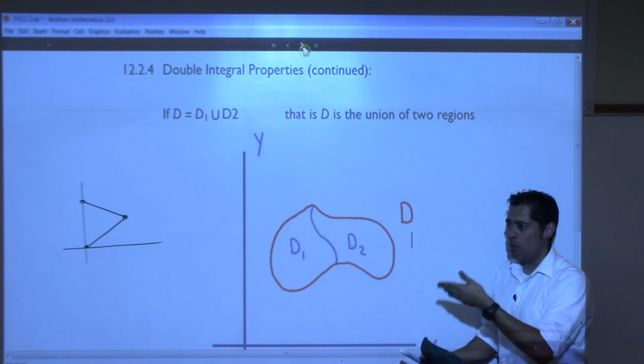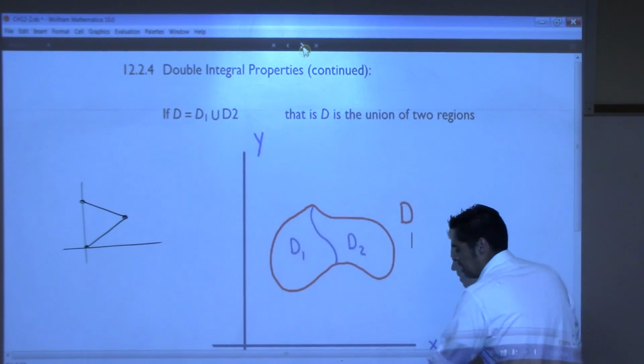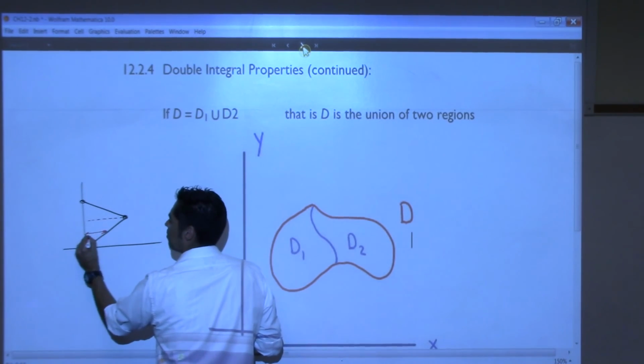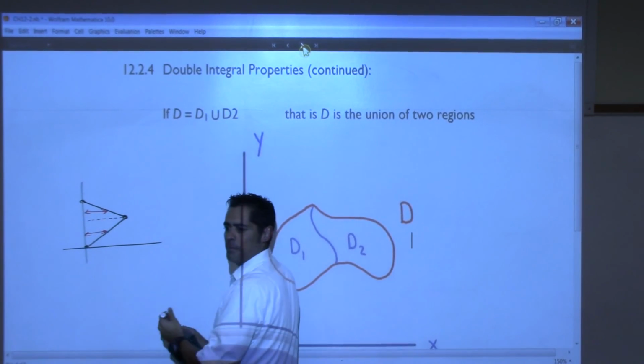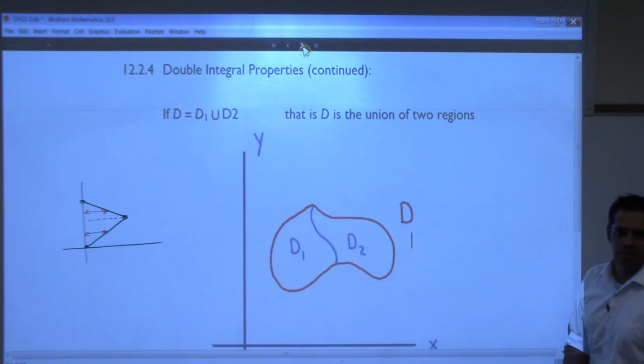We decided type 1 was the better approach, but that type 2 we could do. But if we did type 2, we would have to break it into 2 pieces because the arrows this way would be different than the arrows this way, right? This right here tells you that you're allowed to do that.